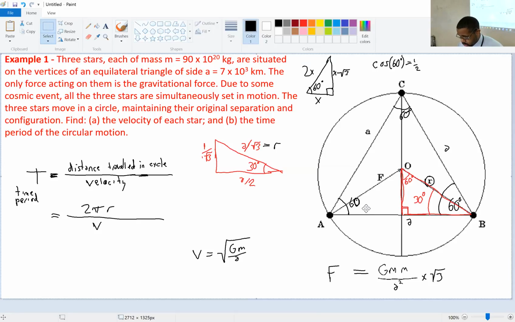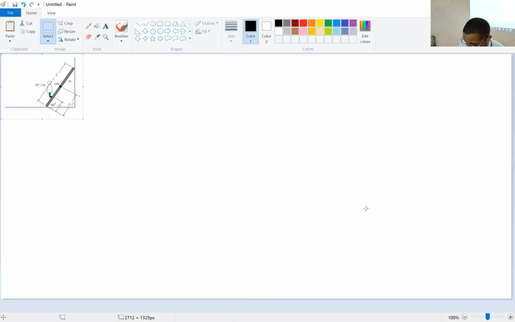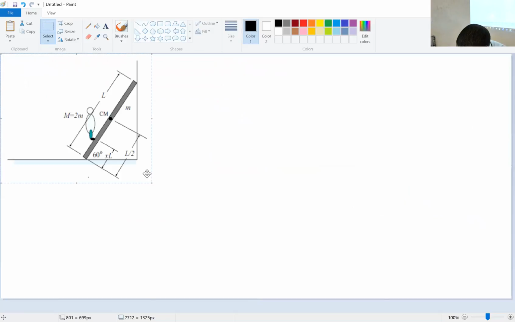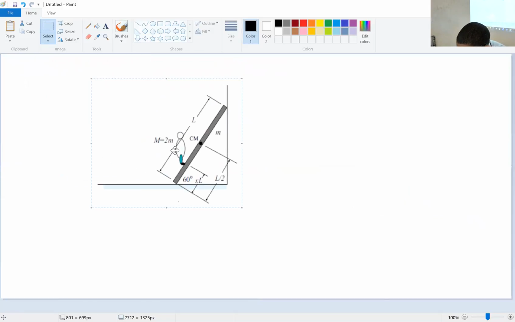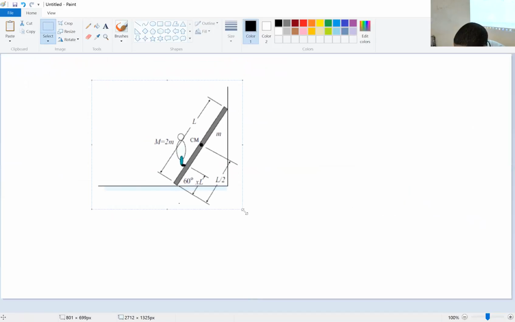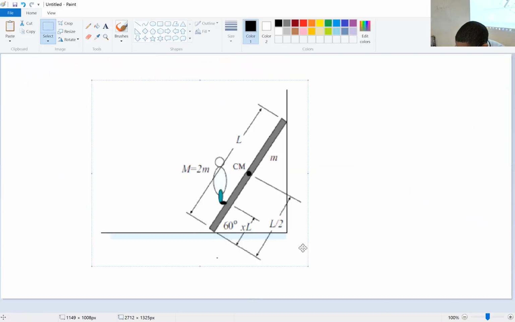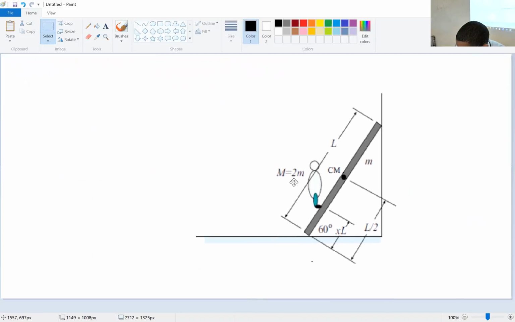Get rid of this and paste it. Okay, there we go. Let me actually make this bigger. I'm just going to label the forces and just leave you with that. And this should not take long. I mean, I say that, but we'll see.